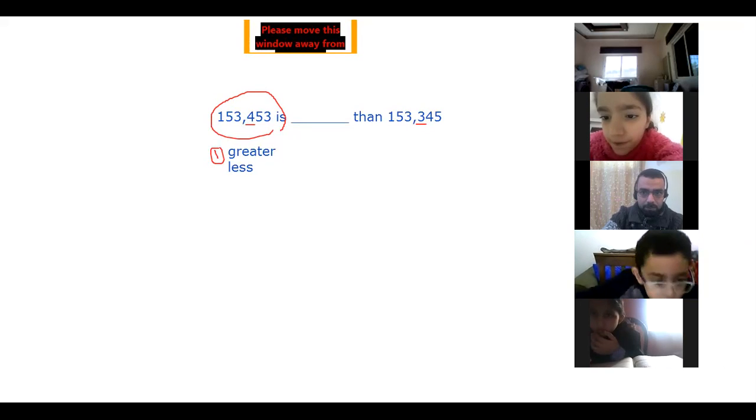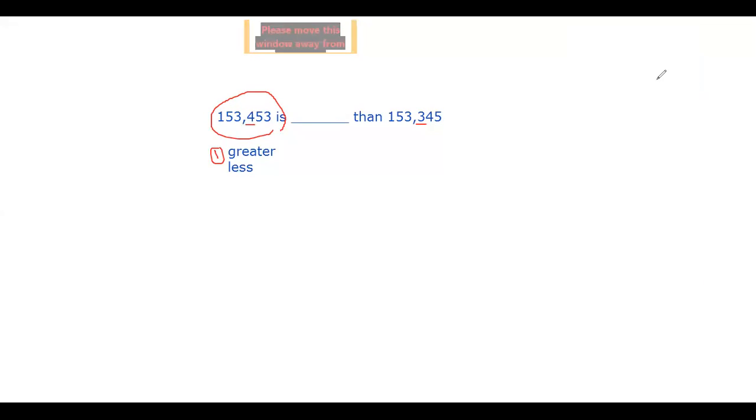Yes, Malak. I didn't understand it. Okay, let's go back. Now look, we have this question. We need to find out if this number is greater than this number or less than this number. So how do we compare numbers? We start comparing digit by digit.